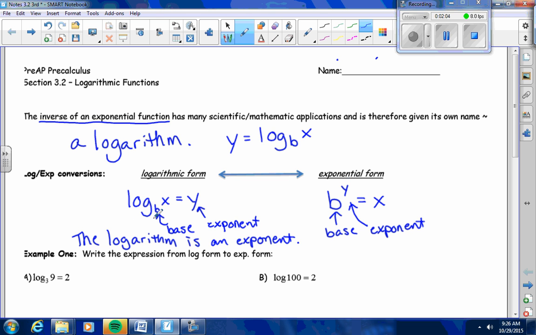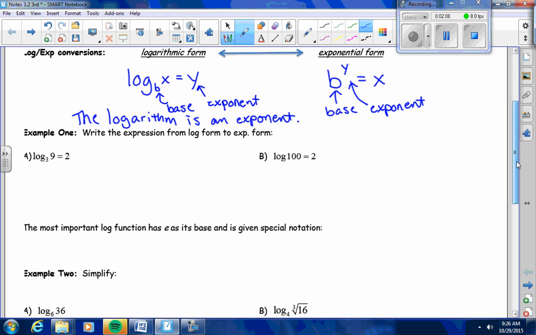So let's look at example 1. Write the expression from log form to exponential form. The first one we have is log base 3 of 9 equals 2. Okay, so we pick everything apart.